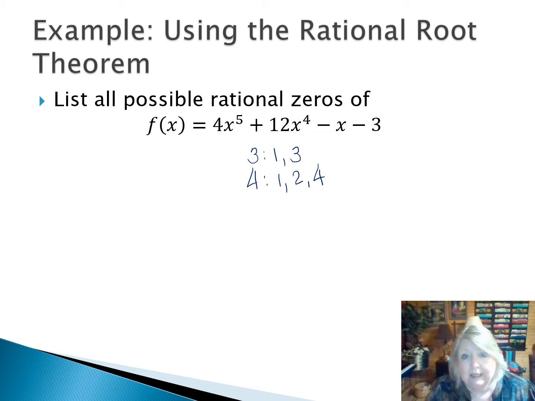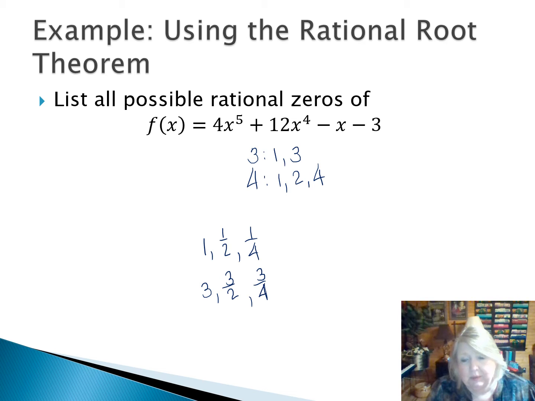Then my only possible zeros here are factors of 3 over factors of 4. So that's 1 over 1, 1 over 2, 1 over 4. But it's also 3 over 1, 3 over 2, and 3 over 4.